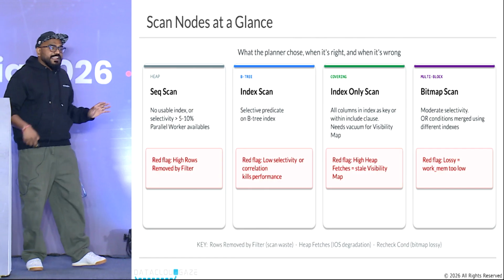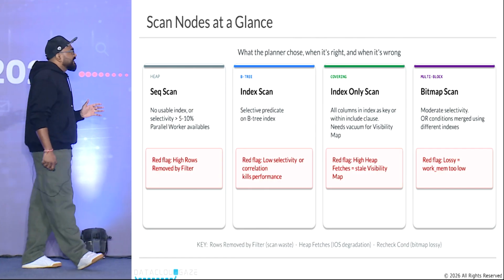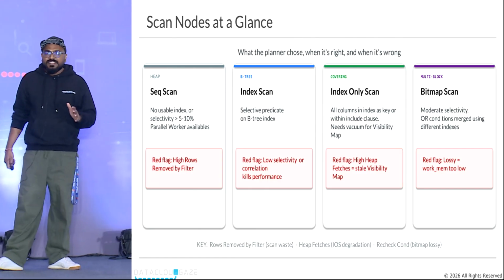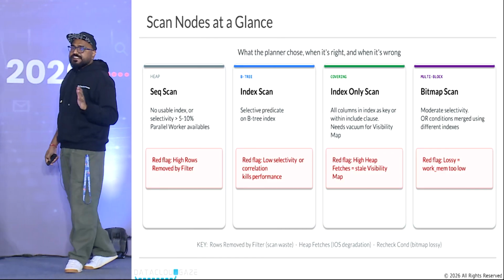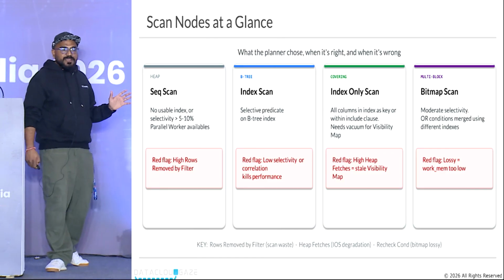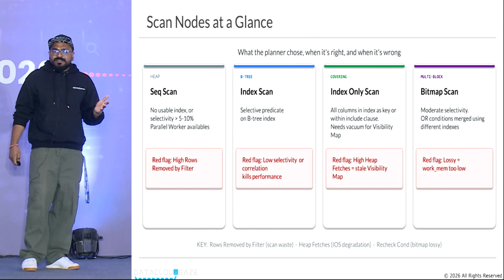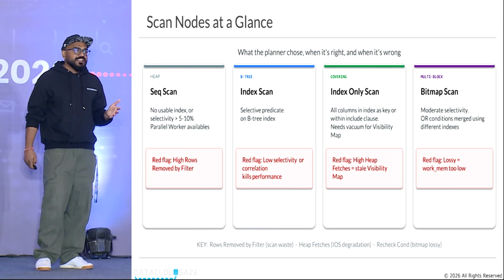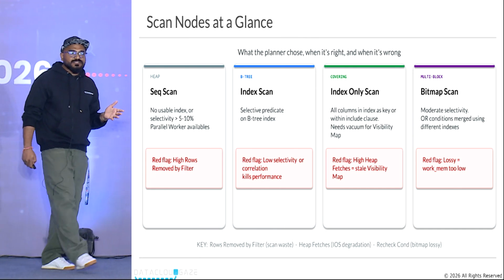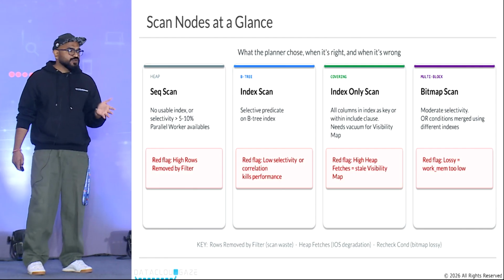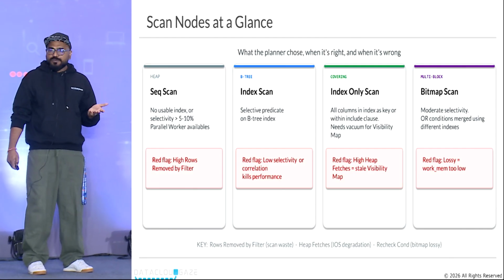Now, this is an overview of the typical access methods that you see in the plan. So we have sequential scan, index scan, index-only scan, and bitmap scan. I hope most of you know what a sequential scan is. It primarily means accessing each and every rel page, which is the memory portion or the storage for a table, to get the output.